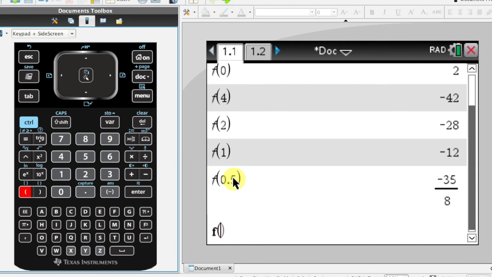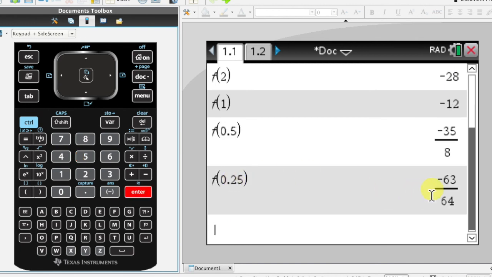F of 0.25. Again, negative. So f of 0 is positive, f of 0.25 is negative, so I know it's halfway between that. And I can continue on, not that it's required for this question.